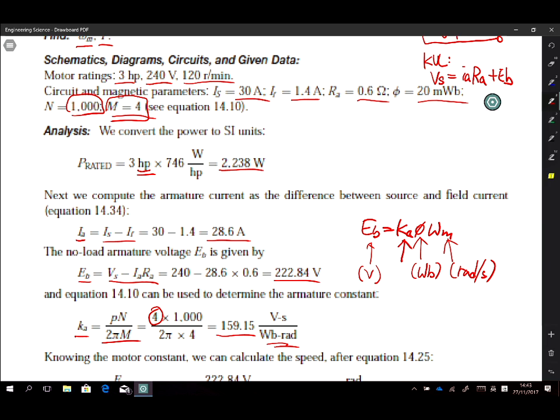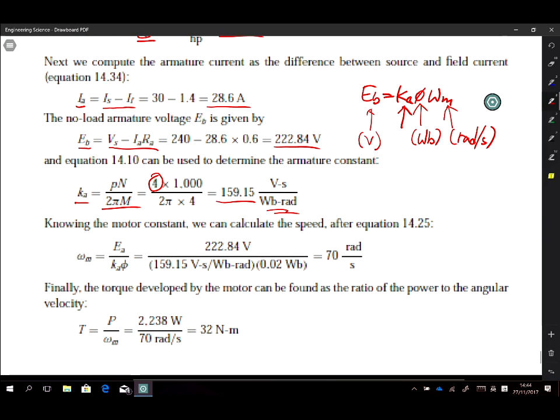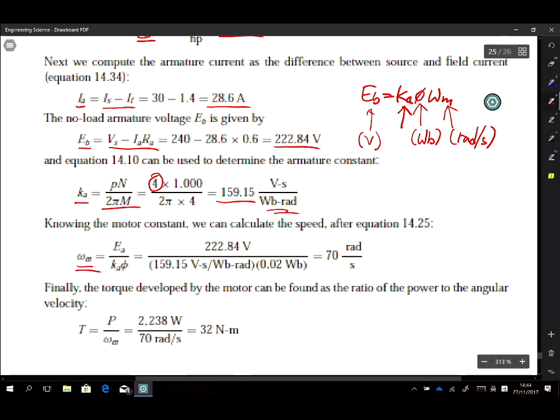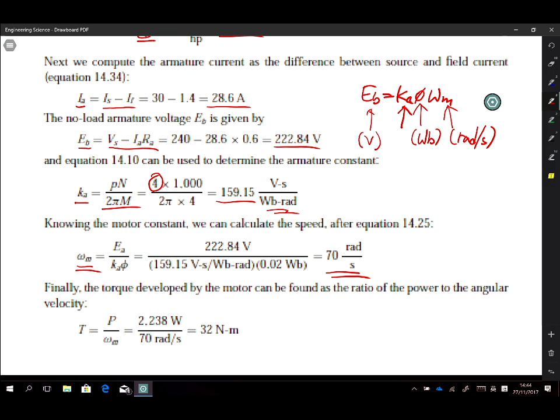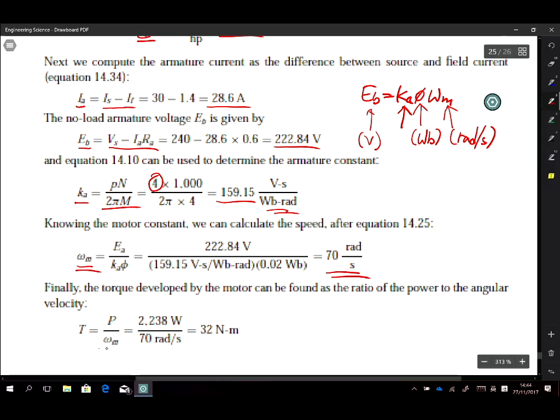You can try to work out the unit by yourself. Now you can find omega m using EB over Ka phi. At the end, it is equal to 70 radian per second. After you get omega m, you can get the torque because it is equal to the power over omega m, and it gives you 32 Newton meter.